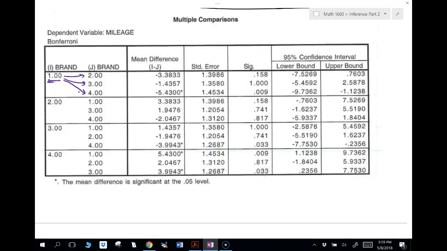You're either looking for the sig to be smaller than 0.05, or notice here it says 95% confidence interval. You want your lower bound and your upper bound to be the same sign.